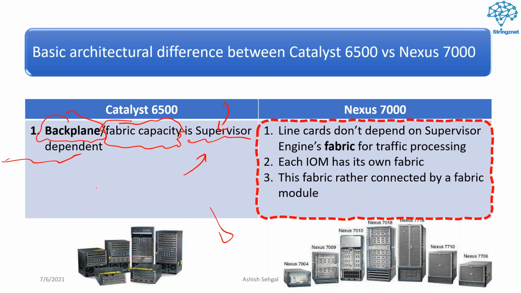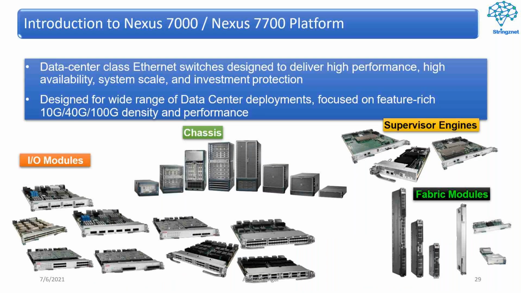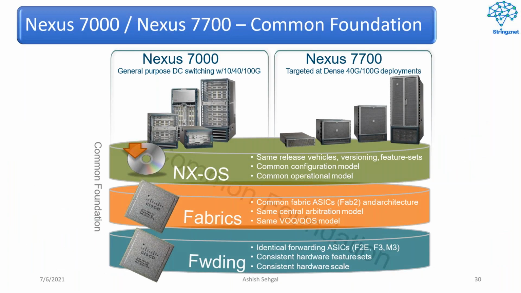In 7000, in 9000, 9500, we don't call it like this. Why? I told you. But the important thing is, when it comes to understanding 7000, of course, we will be talking about the chassis, the input output module, the fabric module, and the supervisor engine. But the most important thing to understand these chassis, we are coming shortly to that.